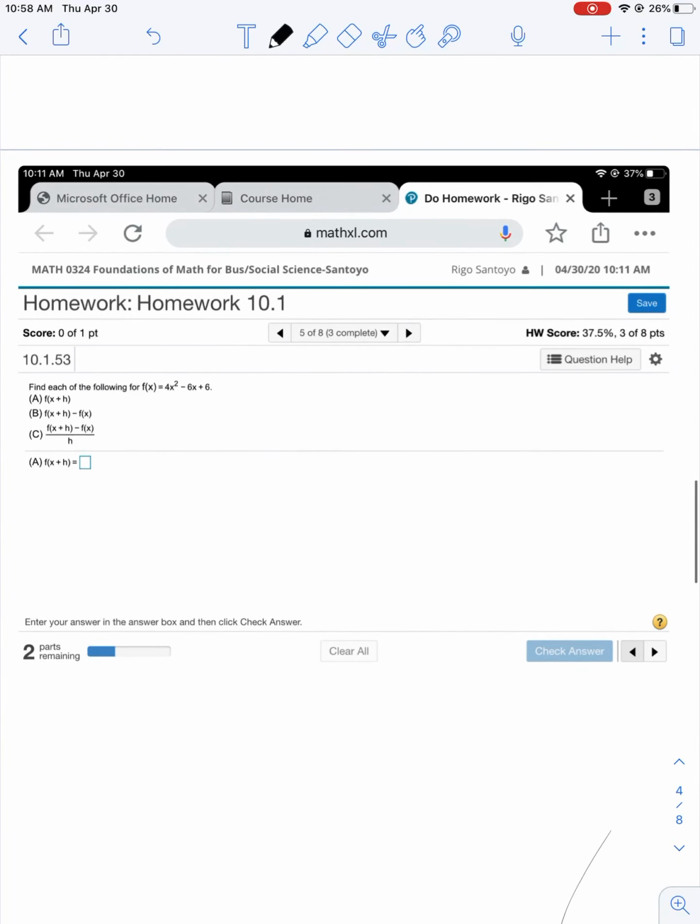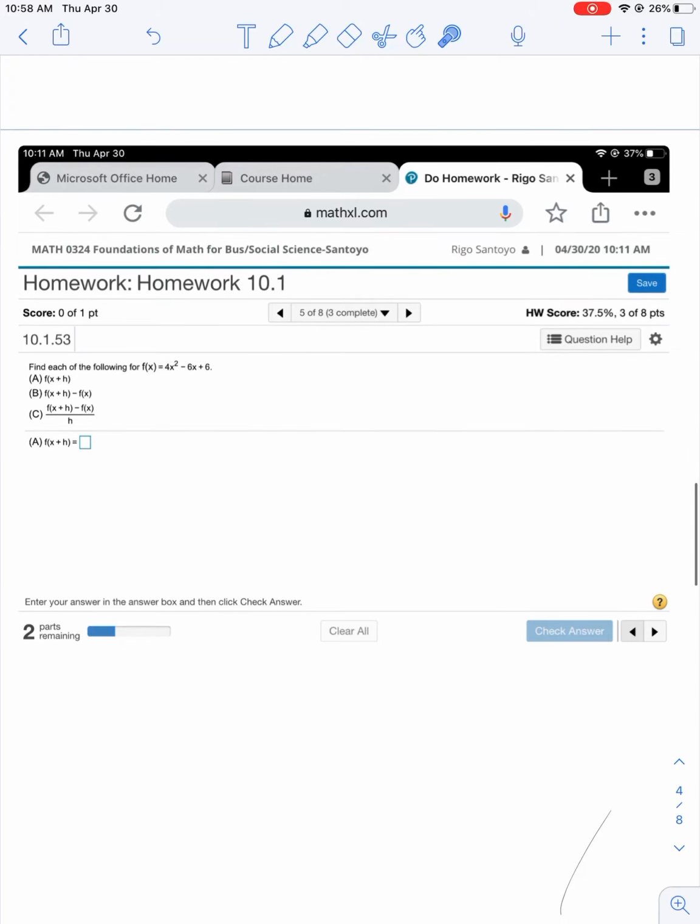Okay, now we are looking at this function, and we want to find what this is first, that next, and that last. So let's take a look at this example. Once again, f of x equals 4x squared minus 6x plus 6.